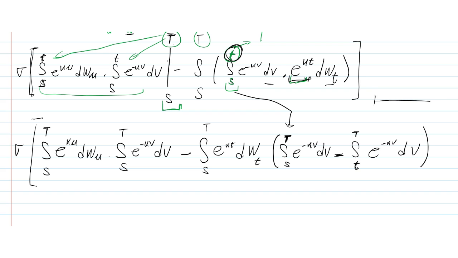So it's basically going from S to T, and then just subtracting the part that you need to leave off.